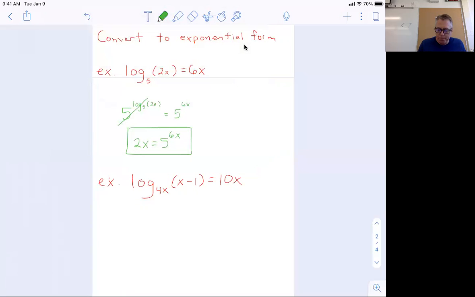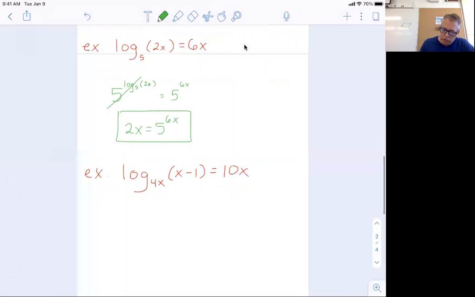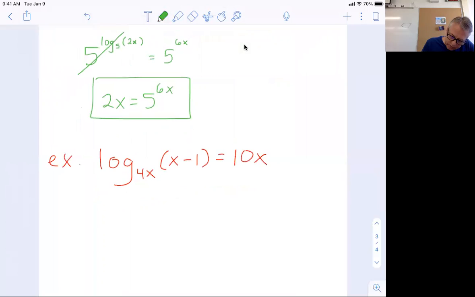So I look at what the base is. The base is 4x. So that means I'm going to take 4x to this side and then 4x to the other side. So I'm going to do it like this. 4x to the log base 4x of x minus 1 is equal to 4x, and I really should have that in parentheses, to the 10x.